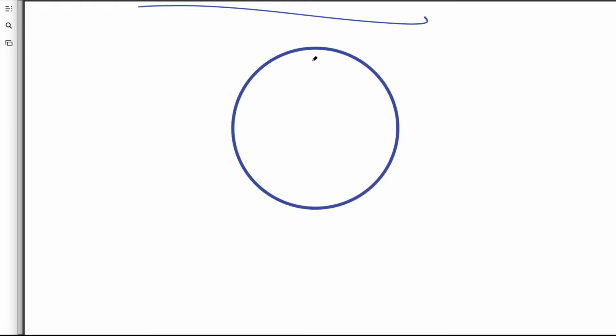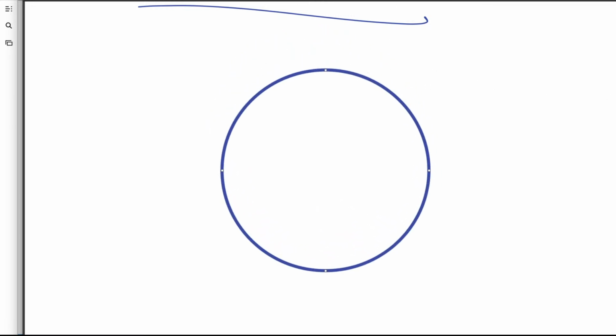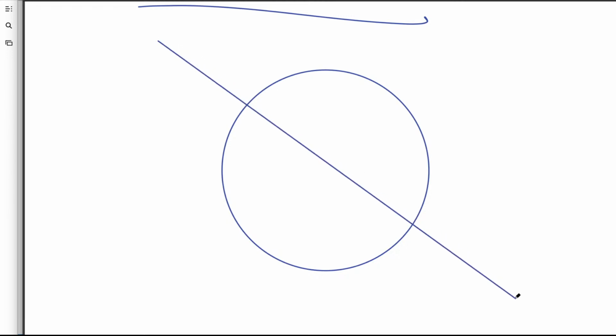Alrighty. Find the equation of the circle passing through -3, 1, and 1, 5, and the center lies on the line 3x take y equals 12.